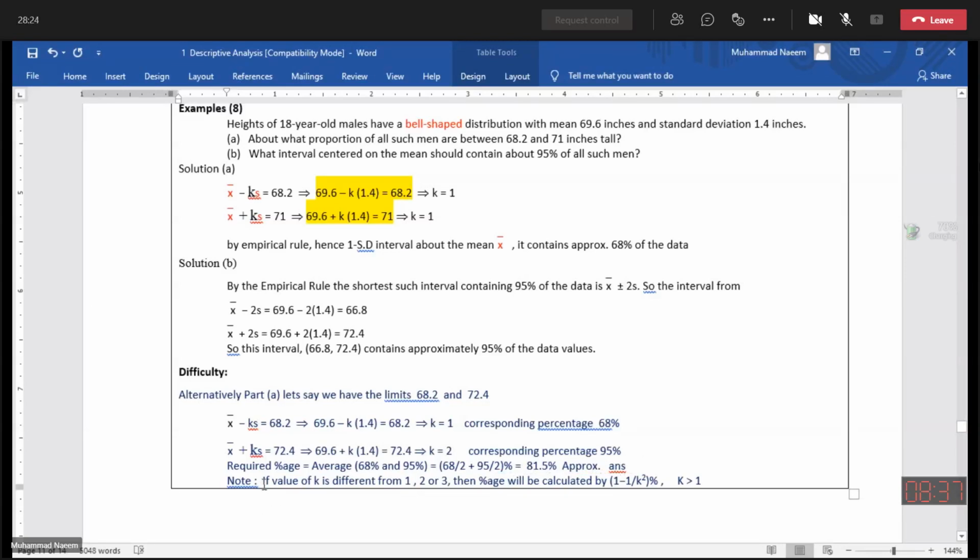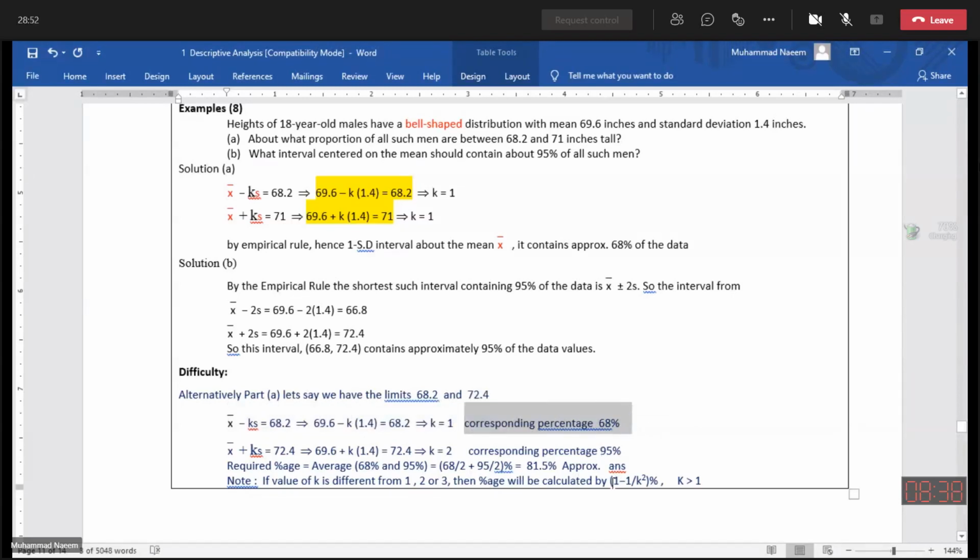Now if we have a value of k other than k is equal to 1, 2 and 3, then how do we find the corresponding percentage?